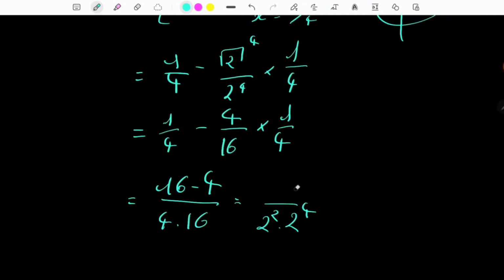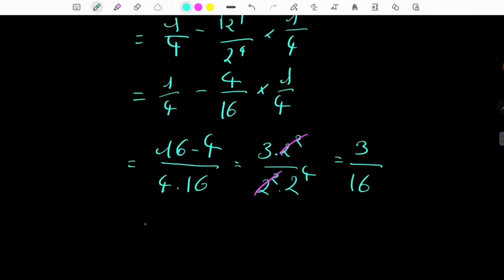So 12 is equal to 3 times 2 squared. Let's simplify here and here. It is equal to 3 over 16. So we answer the question: K is equal to 3 over 16.